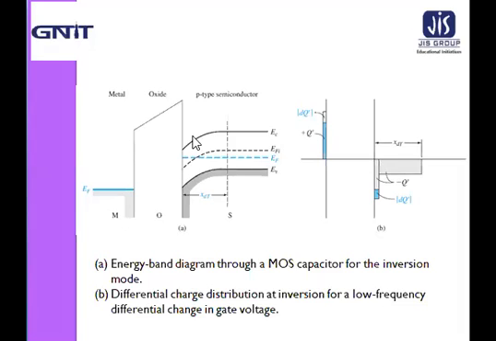But the space charge width does not change. If the inversion charge can respond to the change in the capacitor voltage, as indicated in this figure, then the capacitance is again just the oxide capacitance.